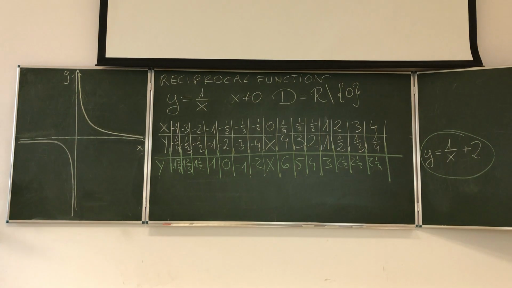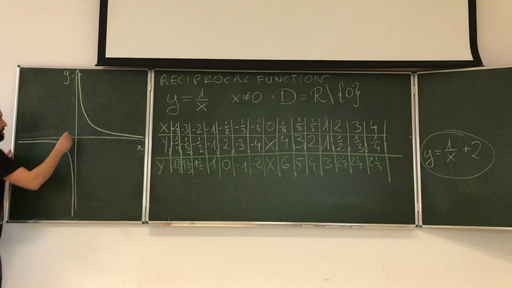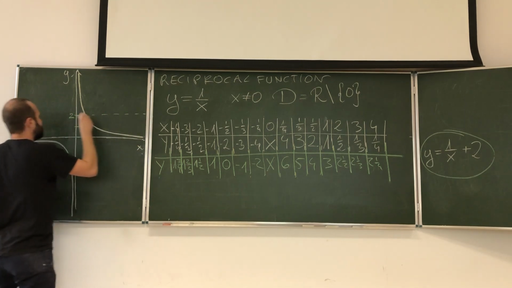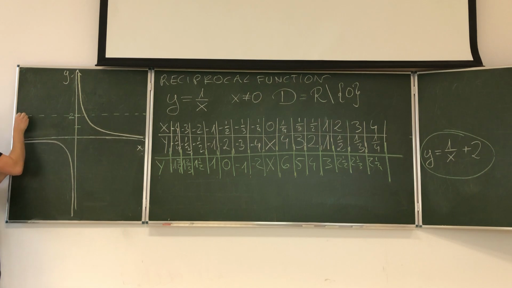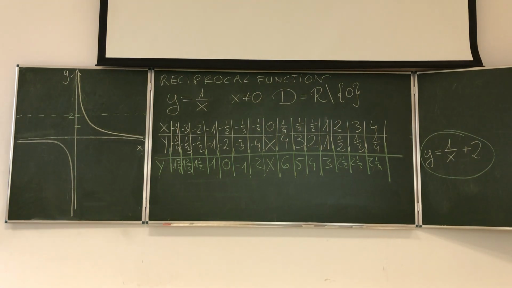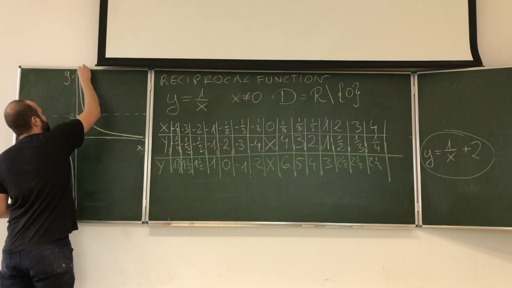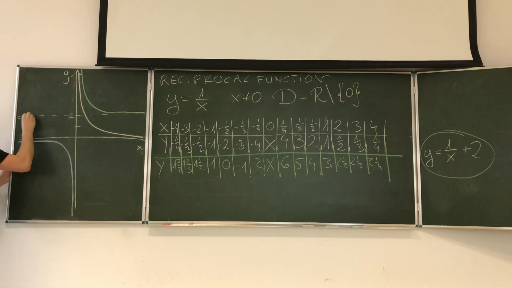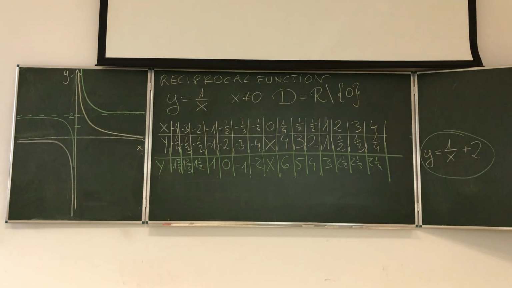So the easiest way to graph the new function is to draw a new asymptote on 2, and then draw the function like that. We are drawing exactly the same function as here, just 2 points higher.